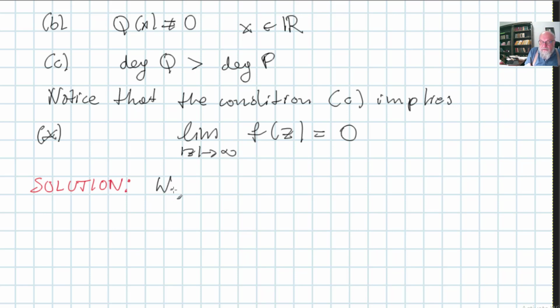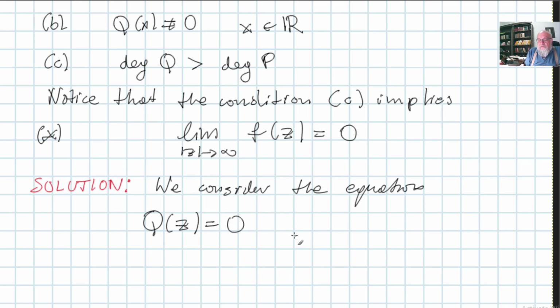Namely, first of all, consider the equation q of z is equal to 0, and that means we are looking for the singular points.